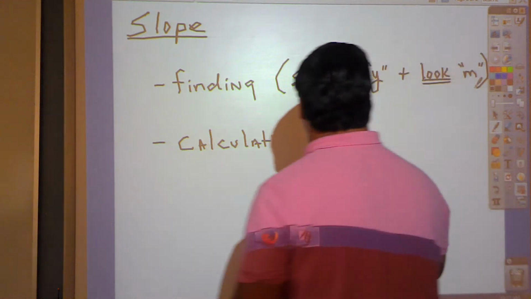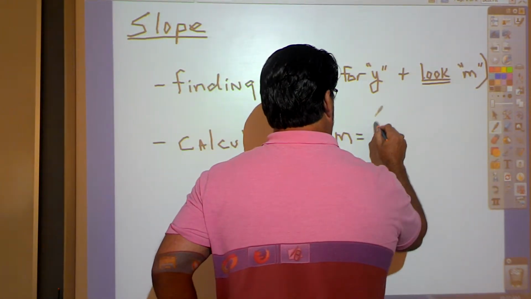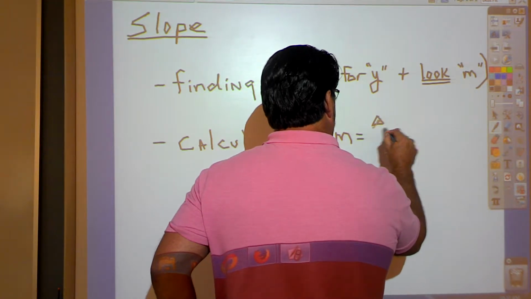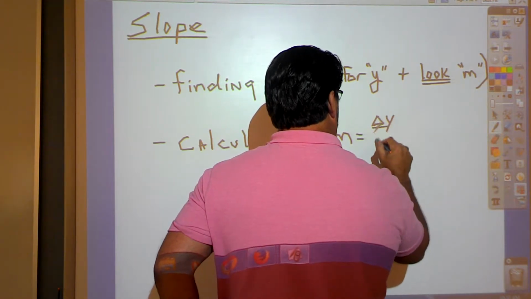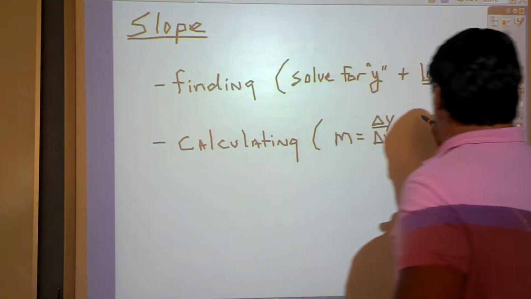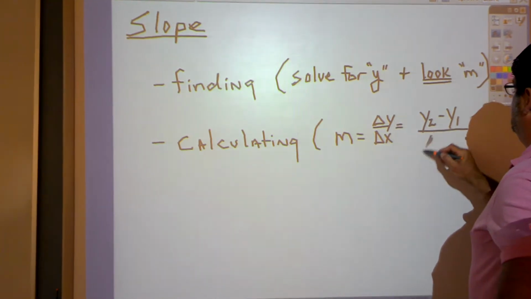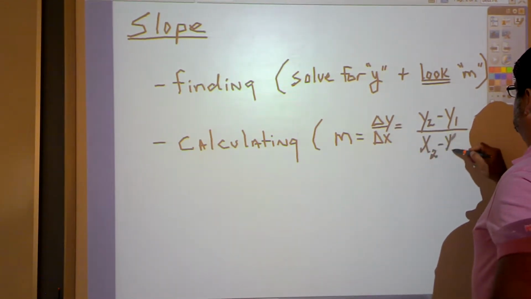Calculating is using the formula m is equal to delta y over delta x, which is equal to y sub 2 minus y sub 1 over x sub 2 minus x sub 1.